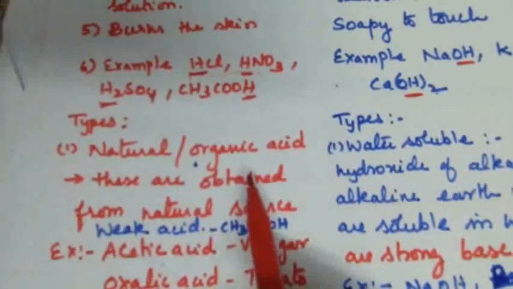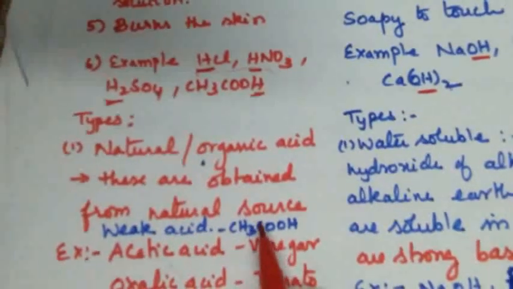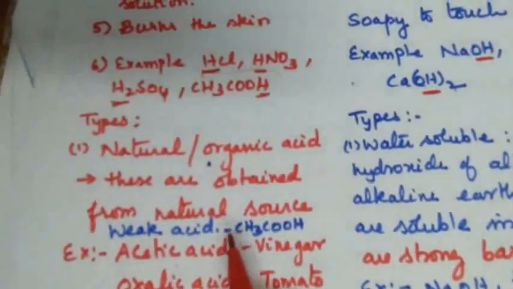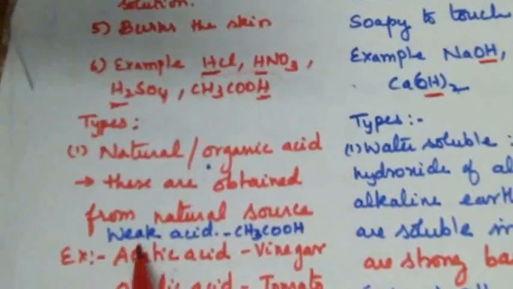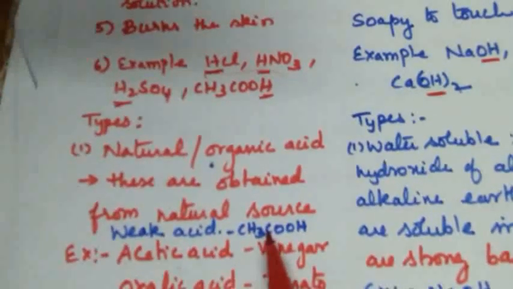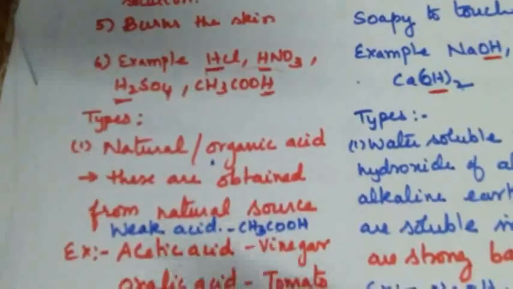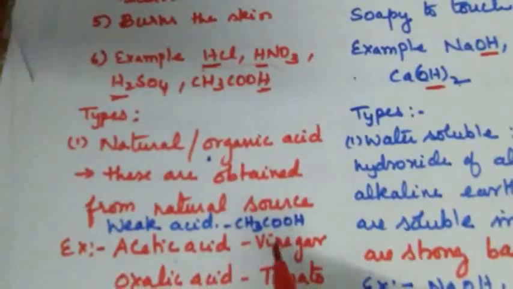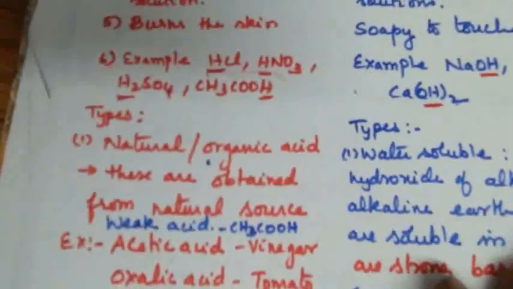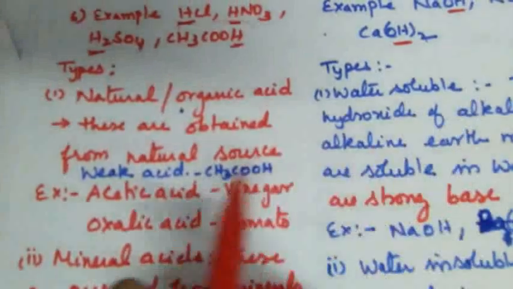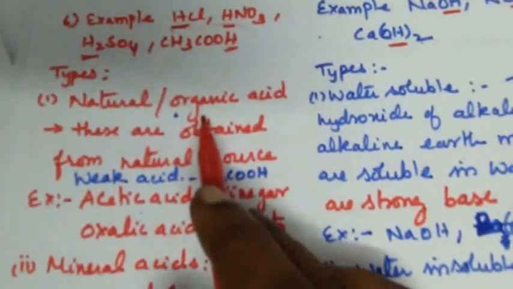These are weak acids, for example acetic acid, tartaric acid, ascorbic acid, and lactic acid. All these are natural acids.